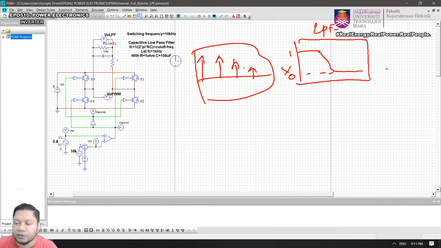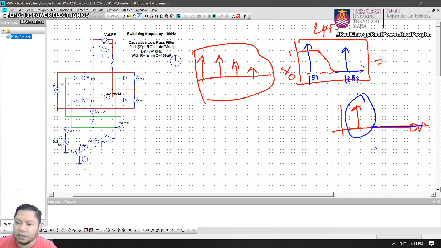Of course, the output will be equal to the fundamental, and the rest will go to 0, isn't it? Because this is your fundamental, and the rest of the frequencies, at 1 kilohertz, etc., will be multiplied by 0, so you get 0 there. So the output is only the fundamental, which is positive. Right, so that's the idea.